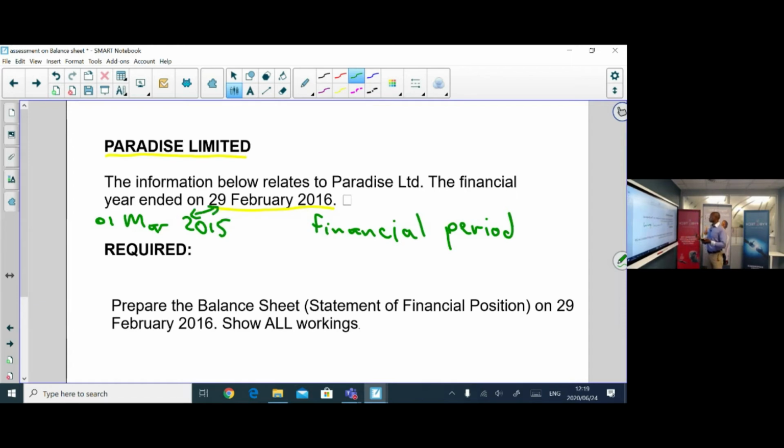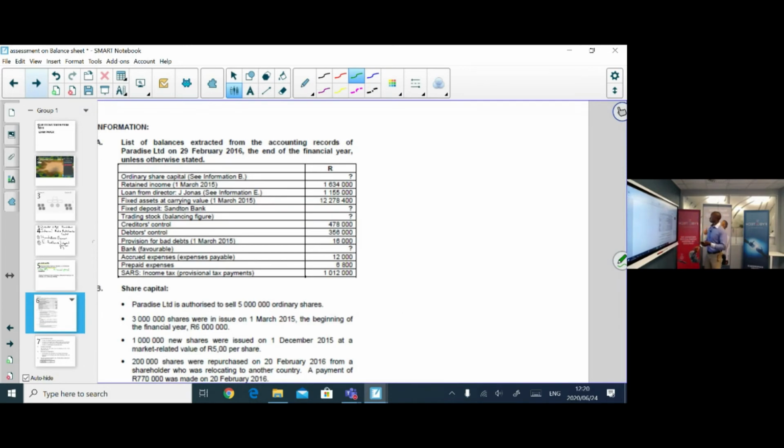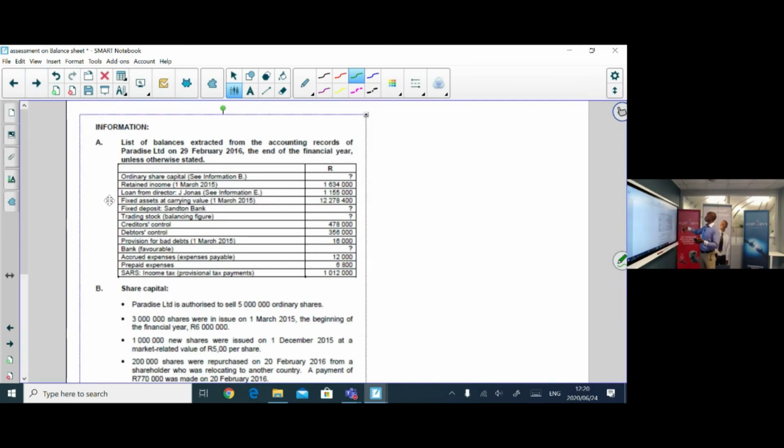So required: please prepare the balance sheet, the statement of financial position, for this financial year. This is the information that you get from the financial activity.